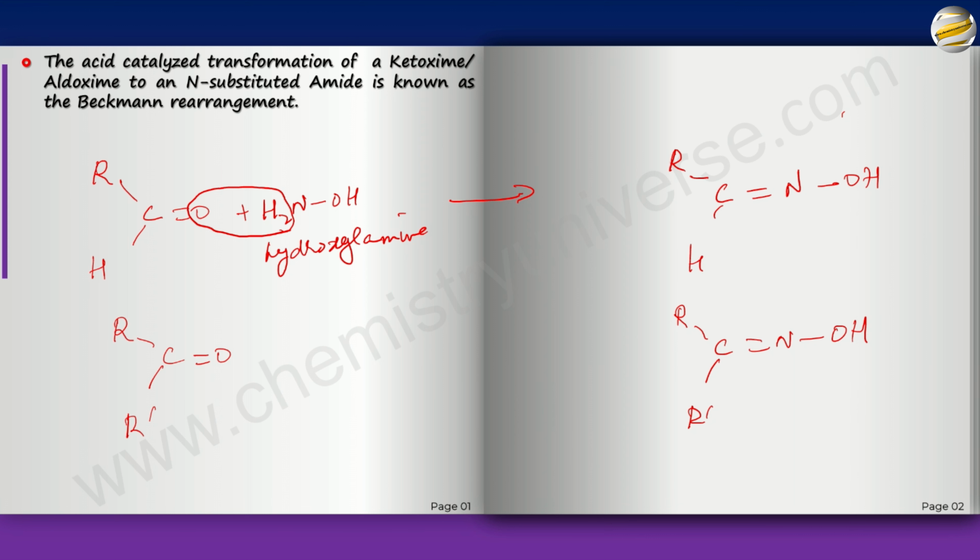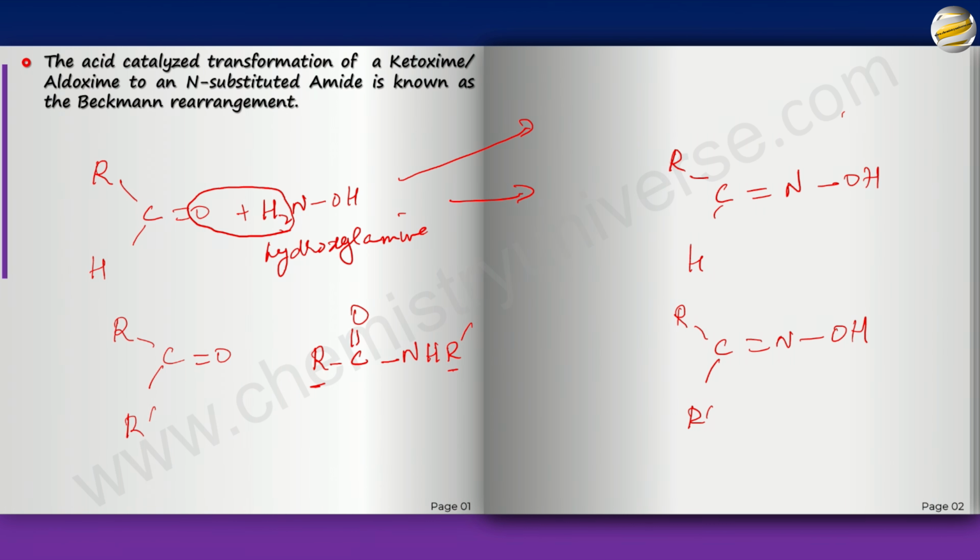So what does this do? This converts into R C double bond O NH R prime if it is a ketone, or you could have R here and R prime here, and while doing the mechanism we'll learn which one goes here.